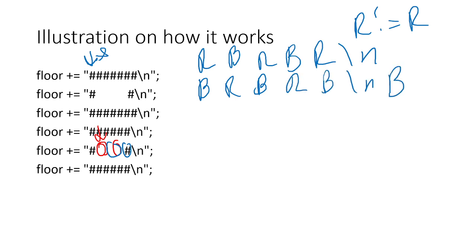And I do the same thing. B is not equal to B, and it becomes red, blue, red, blue, red. Now, is this tileable?